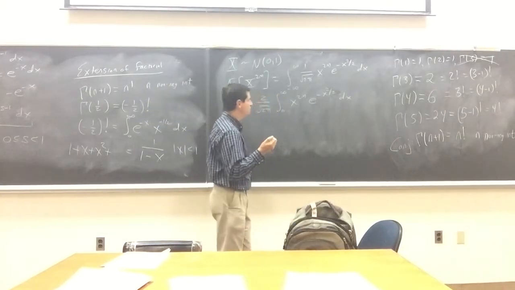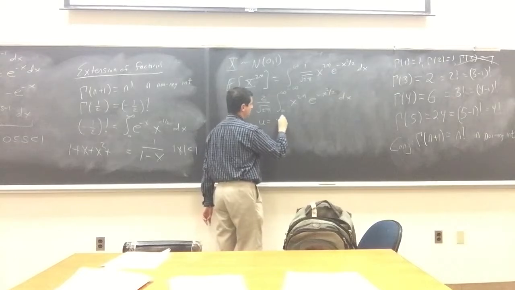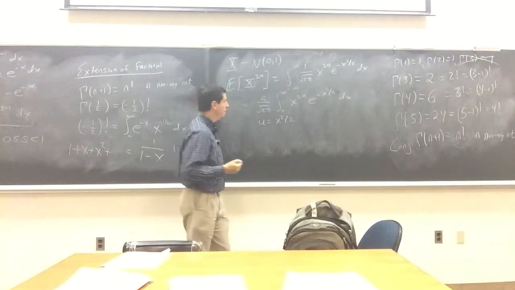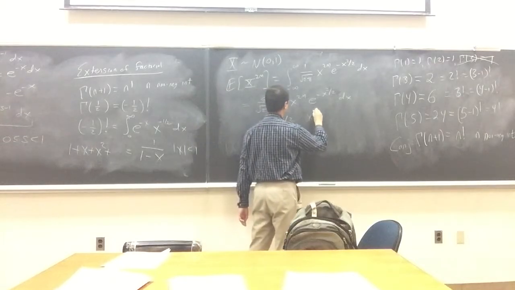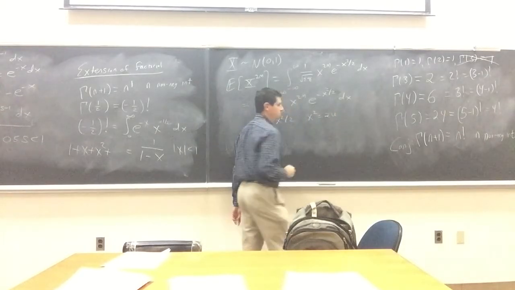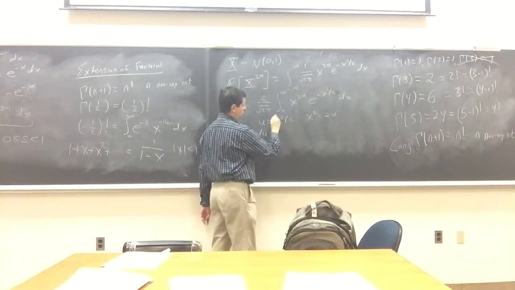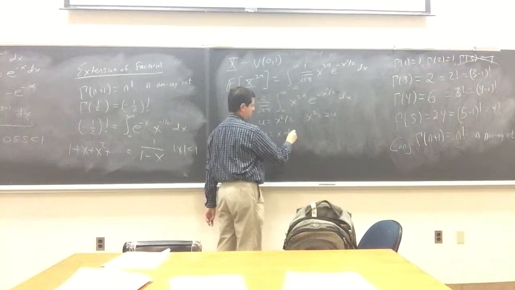But what you can do is introduce a new variable. Let u be x squared over 2. Then x squared is equal to 2u. Now du would be, taking the derivative, x dx.